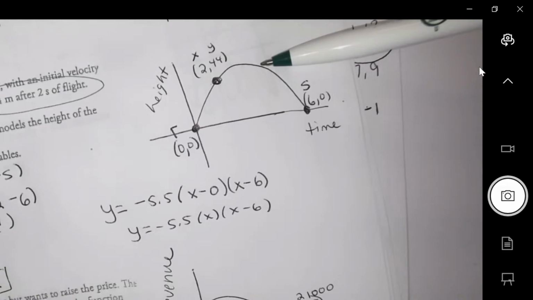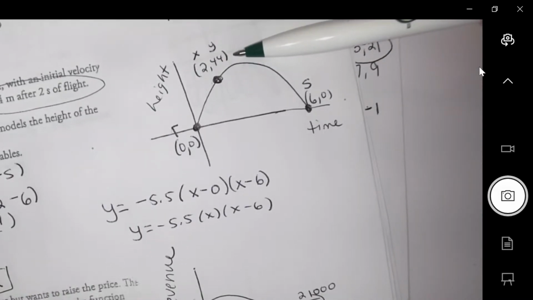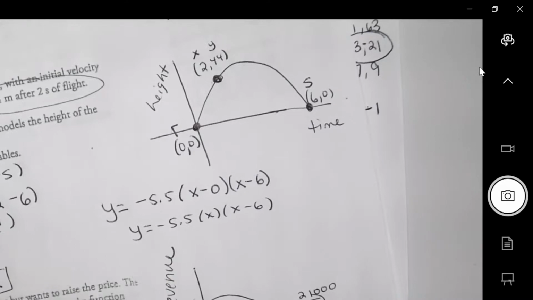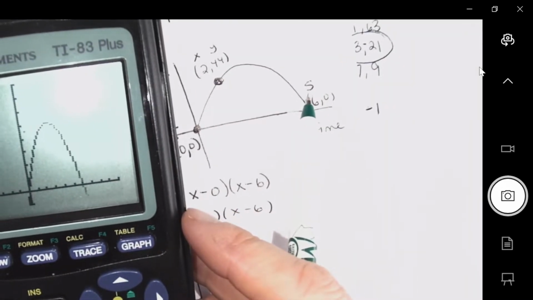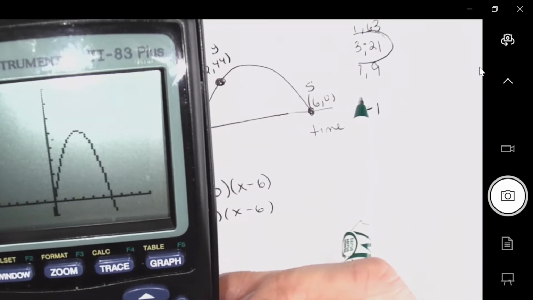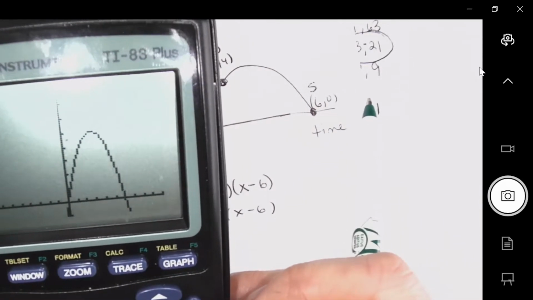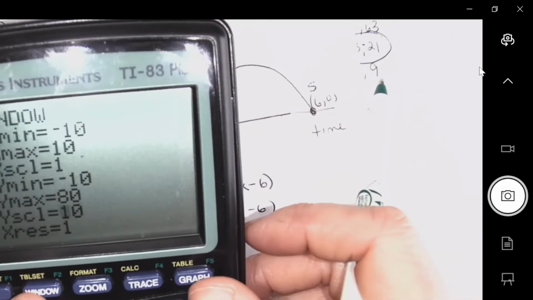What do we want to pick as a height number? Because this was already at 44, but we would be higher than 44. You want to pick like 80? I don't know. Doesn't matter. Okay, so there was my window, negative 10 to 10, and on the y I went up to 80.